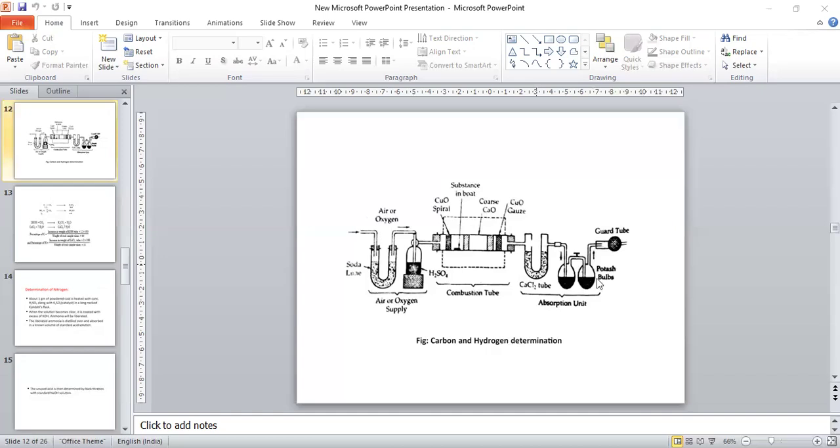The other bulb contains potassium hydroxide, KOH. These potash bulbs absorb the carbon dioxide.